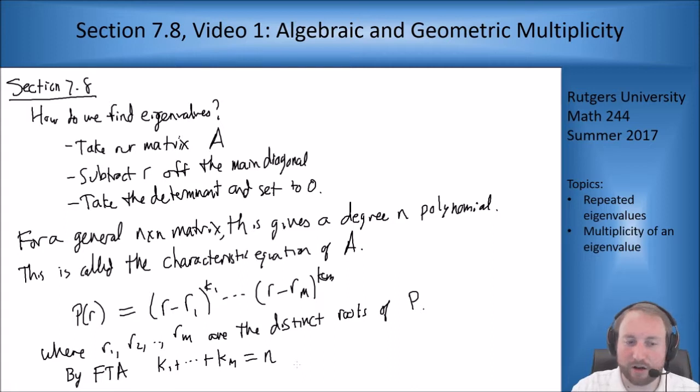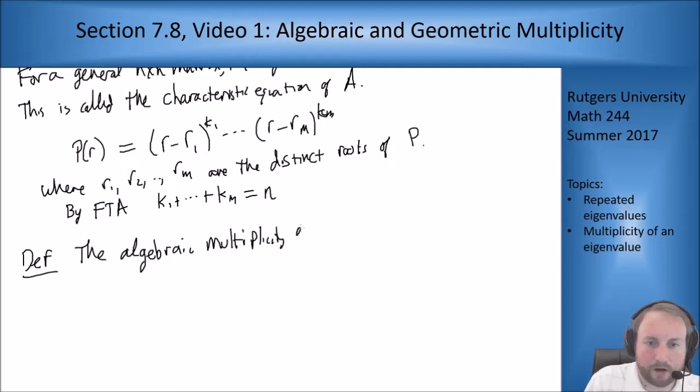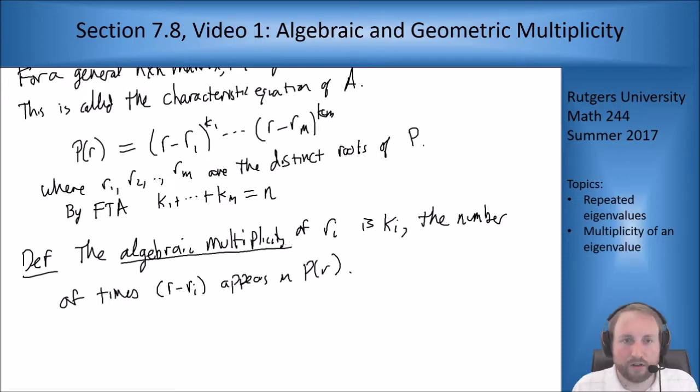Each of these roots, r1, r2 up to rm, has an algebraic multiplicity. The algebraic multiplicity of ri is this ki from up above: the number of times r minus ri appears in P of r.